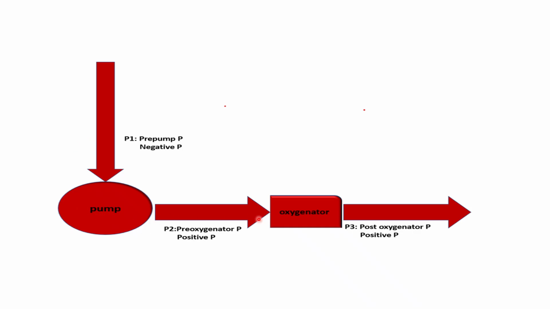The second one is P2, pre-oxygenator, which is post-pump and positive pressure. The third one is P3, which is also positive pressure and is post-oxygenator. It's very important to know the values of these pressures and monitor them to detect any problem inside the circuit.